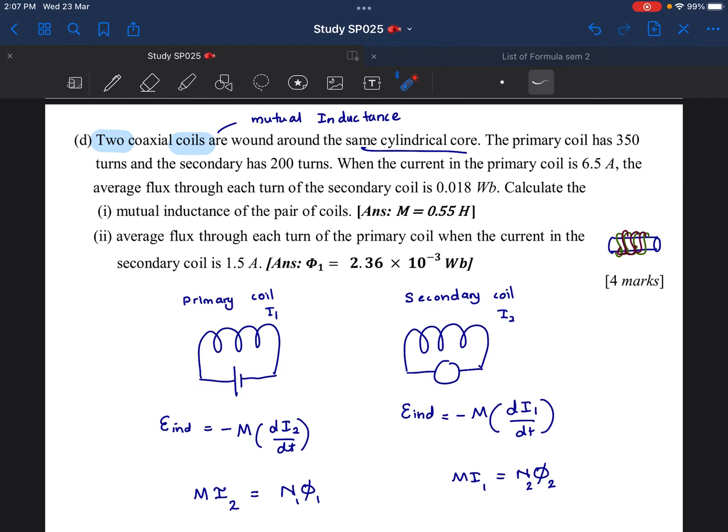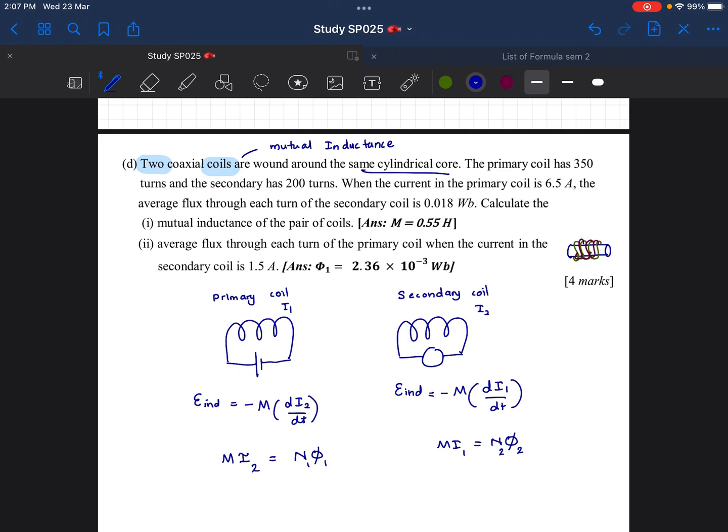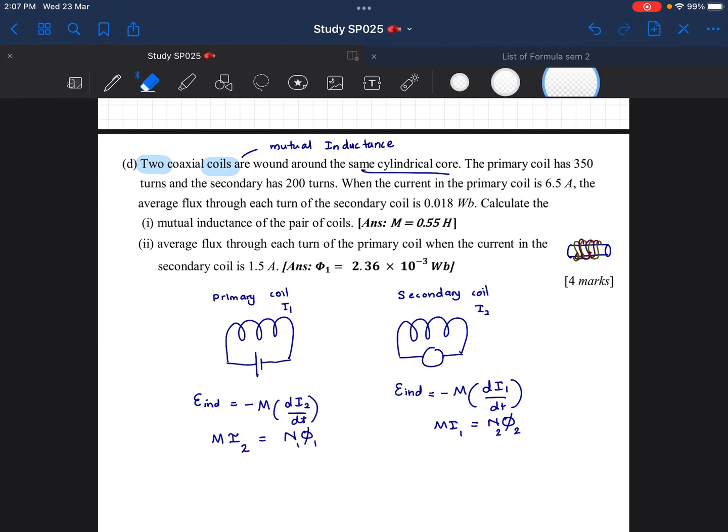So let's try to answer the question. Dia cakap the primary coil has 350 turns and the secondary has 200 turns. So kita pun tulis N1 is 350, N2 adalah 200.